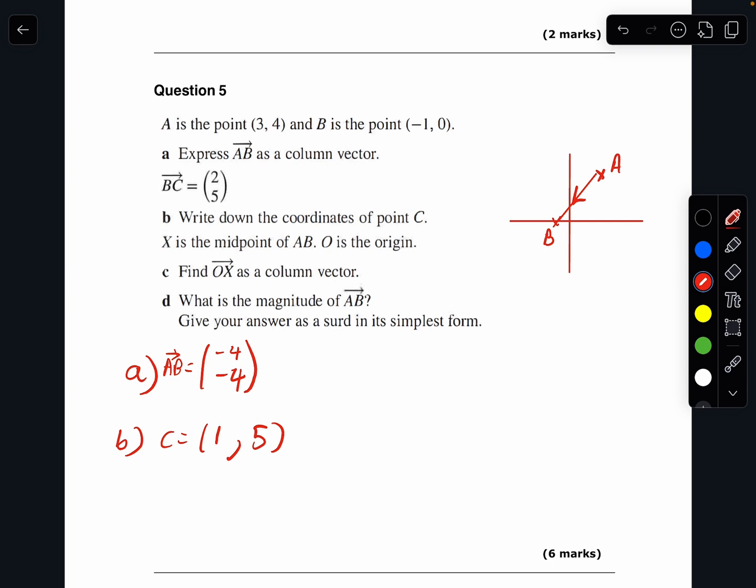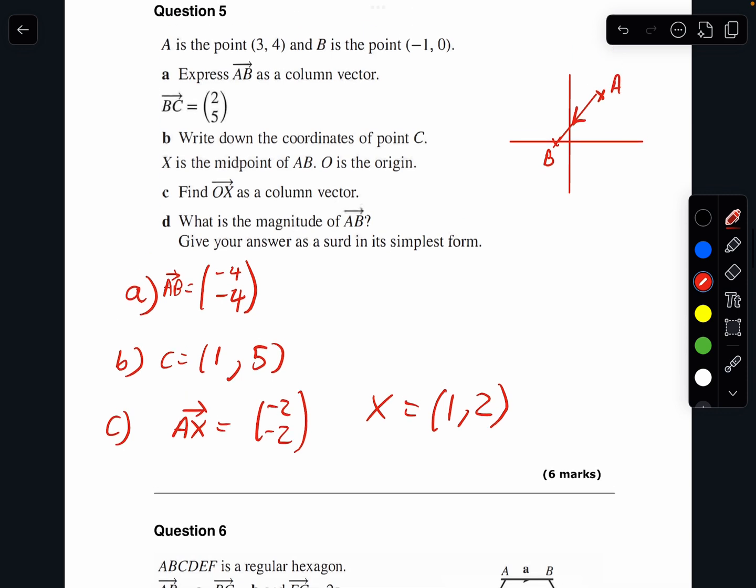So A to X is going to be 2 left and 2 down, meaning that X is the point (1, 2), because it's 2 left of 3 and 2 down from 4. Since we're just finding origin to X, that's just the same as the coordinate effectively, so OX is (1, 2).